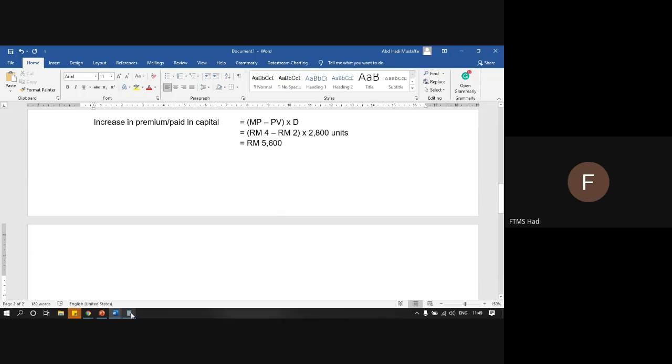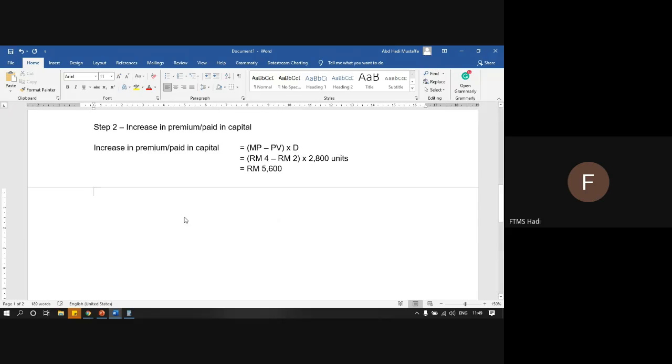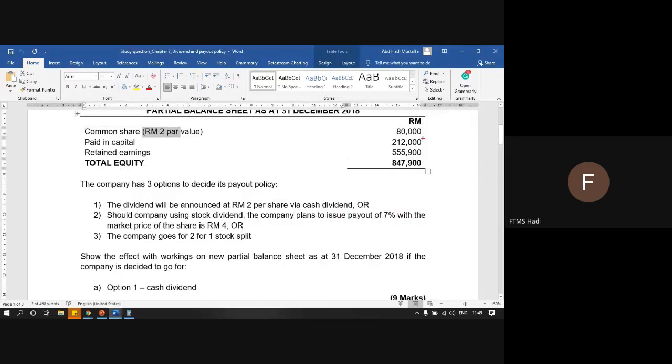So therefore, let me do this one. New premium of paid in capital. All premium or paid in capital plus the increase in premium. You can have a look at the question back. The old one was 212,000.